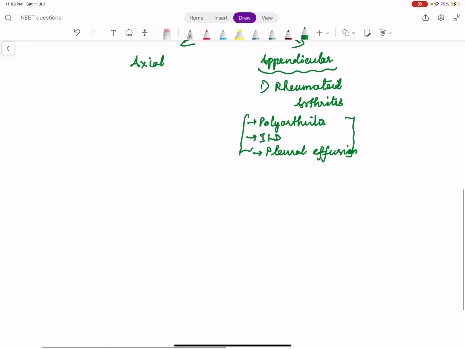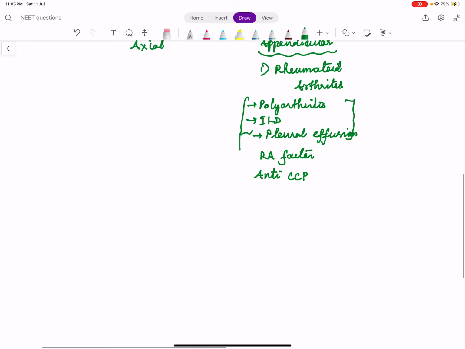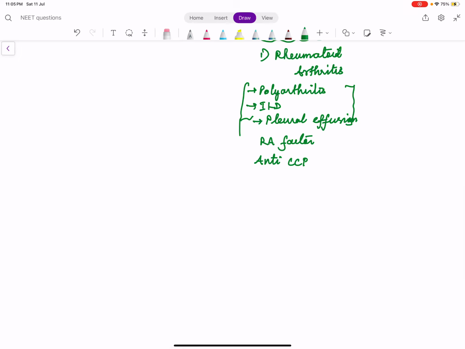And what is the test of choice? We have rheumatoid arthritis factor and we have another marker called anti-CCP, anti-citrullinated C peptide, or citrullinated C protein. In rheumatoid arthritis, RA factor or anti-CCP will be positive.